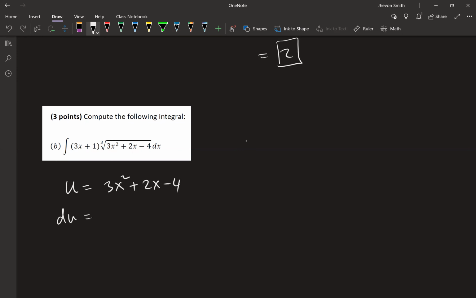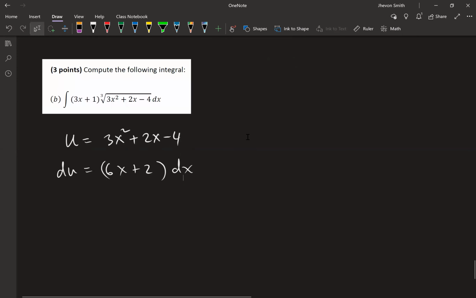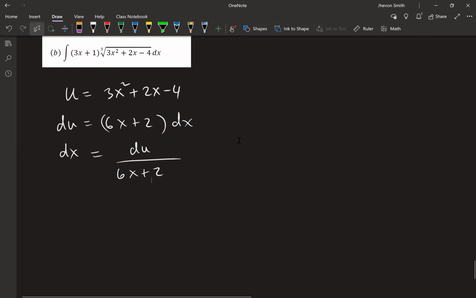So your du would be 6x plus 2 dx. All right. And what do you do with that? I solved for dx. And then this is where I got stuck.